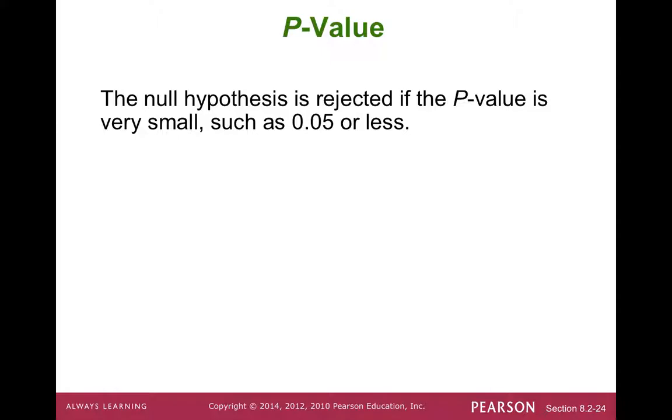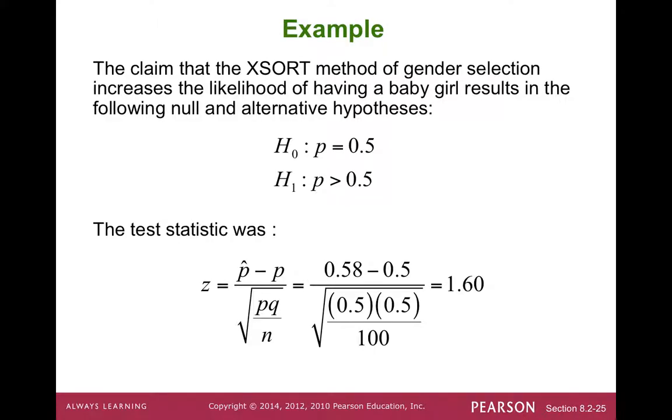All right. So within a p-value, there's very clear rules, which is nice. If your p-value is 0.05 or less, you're going to reject your null. And if it's greater than 0.05, you're going to fail to reject your null. So here's an example. Let's follow that same example we were doing before. Here's our XSORT method of gender selection. We defined our null as p equaling 0.5 and our alternative being p greater than 0.5.